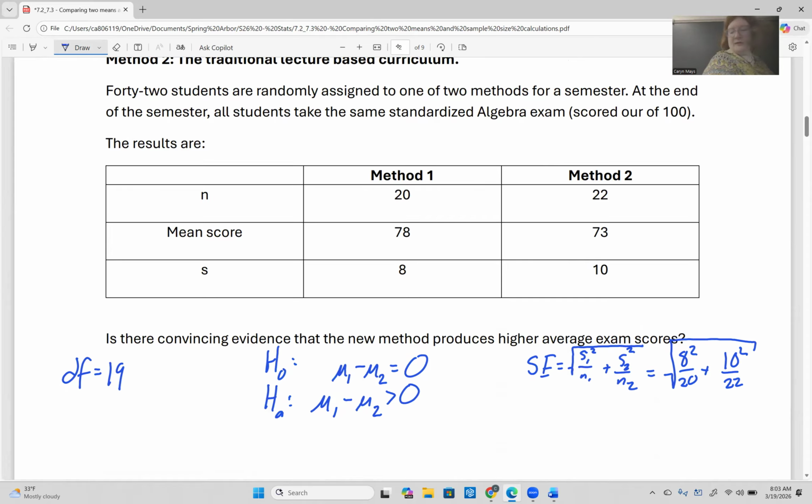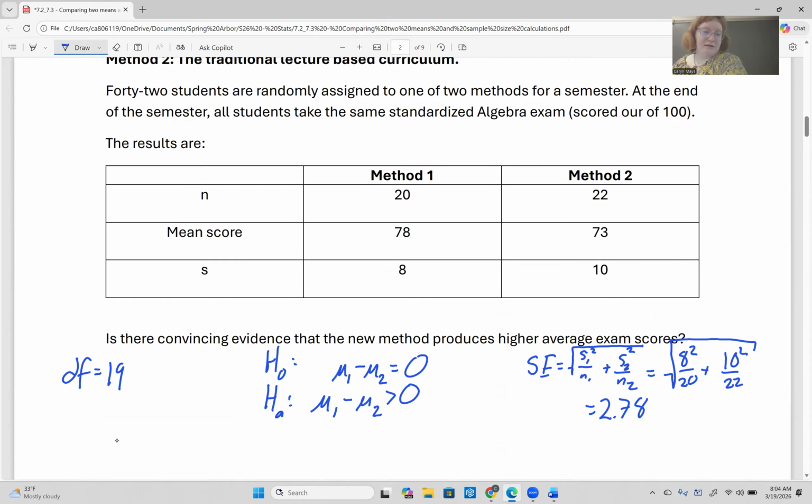Can somebody with a calculator calculate what that gives us? 2.78. This is that denominator portion of our t-score.